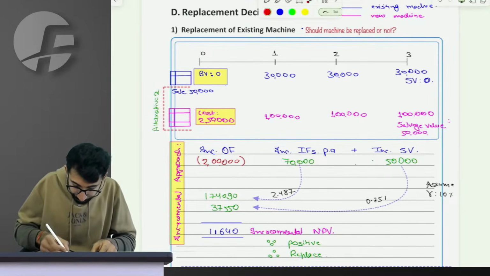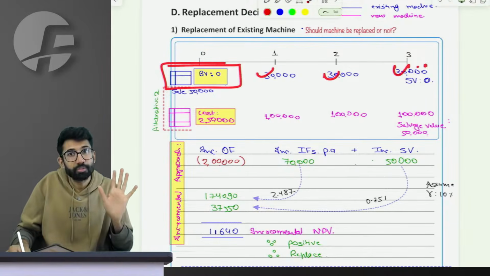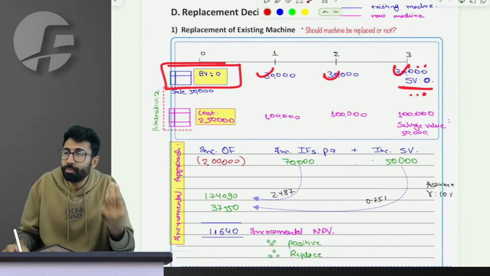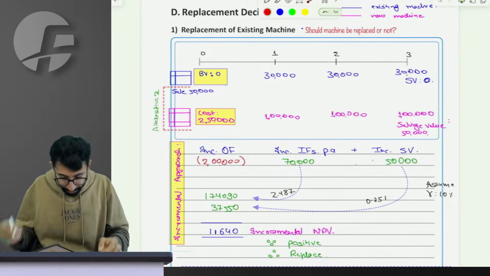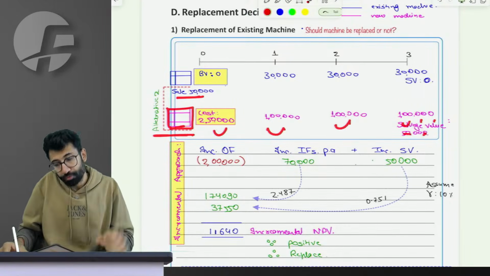This is the old machine. If I use it, these will be the inflows and terminal inflow will be nothing, because when I sell the old machine, I will not have any terminal or salvage value received. Alternative 2 is selling the old, buying the new machine, right? This will have some inflows and outflows.